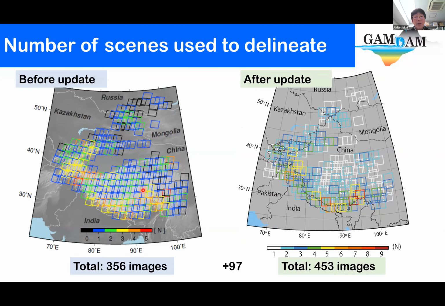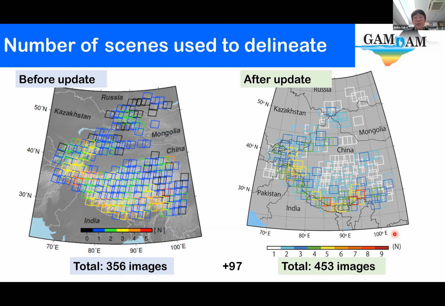Here the color shows the number of images used to delineate, and the total number of Landsat images used to delineate was about 350 before the update and 450 after the update.